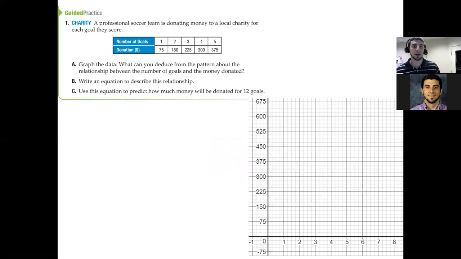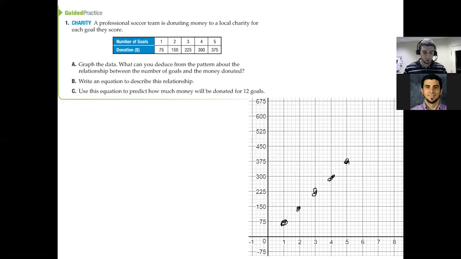All right, so let's check it out. Let's graph this data, and then what can we see from the information? So 1 goes to 75, 2 goes to 150, 3 is at 225, 4 is at 300, 5 is at 375. Looks like it goes in a line. And the setup is a professional soccer team is donating money to a local charity for each goal they score.